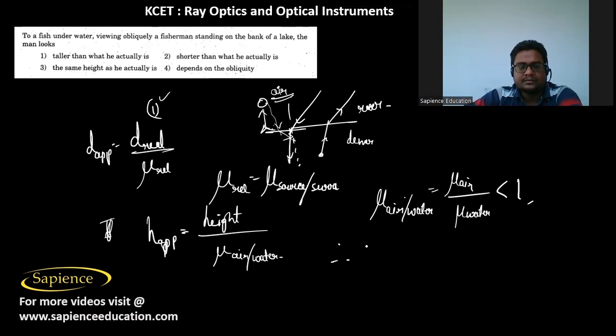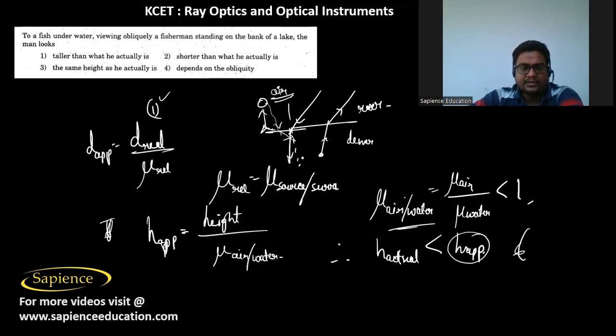So the apparent height is actually more than the actual height, since this part is less than 1. So apparently the fish will feel that the fisherman is taller than he actually is. So option 1 is the correct answer.